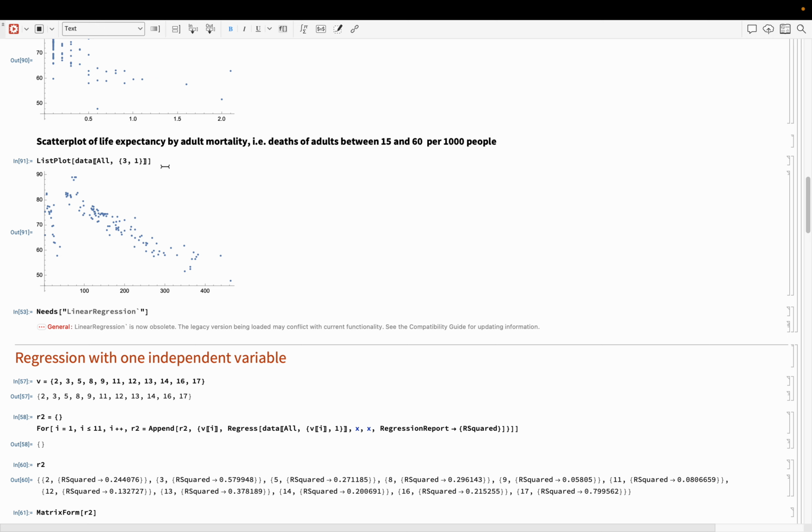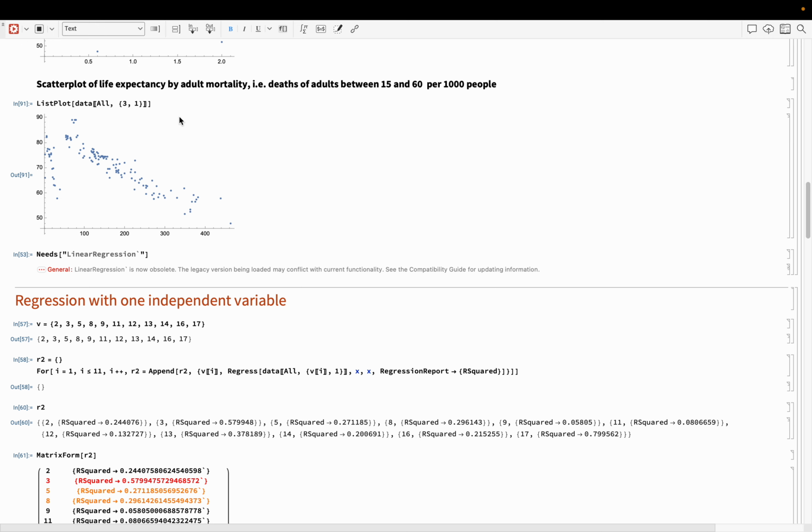And there is a scatter plot of life expectancy by adult mortality. And what we see here is quite interesting. There is a group of countries in which this dependence is definitely linear. And there is another smaller group of countries in which this dependence is also linear but different.